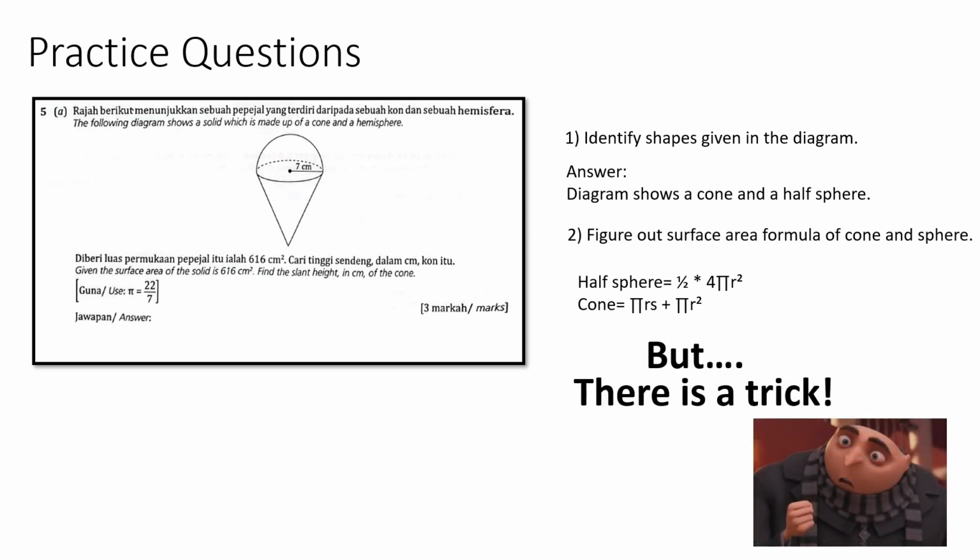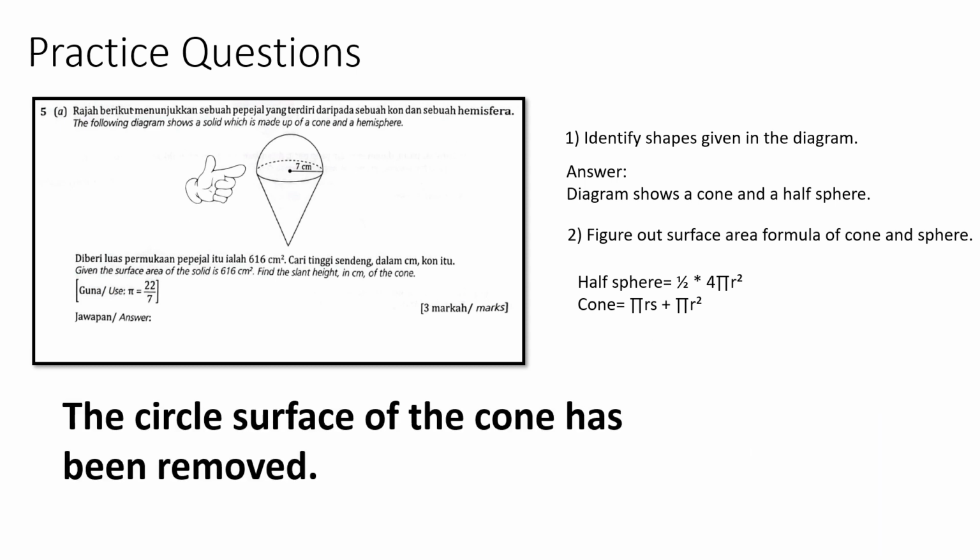But there is a trick. You cannot use the formula of pi rs plus pi r square for the cone. Why not? Because if you see over here, the circle surface of the cone has been removed. The cone over here now doesn't have a circle surface at the bottom because it is directly connected to the half sphere.